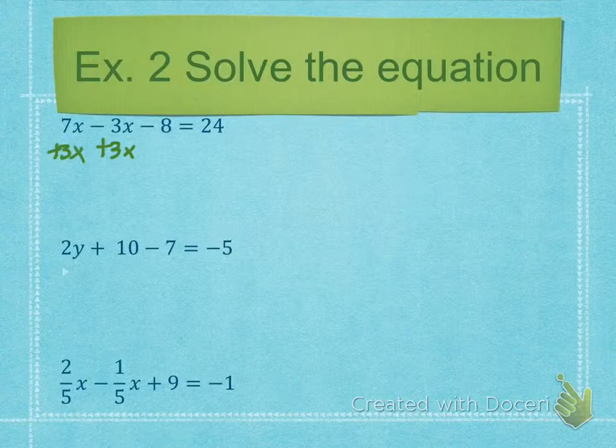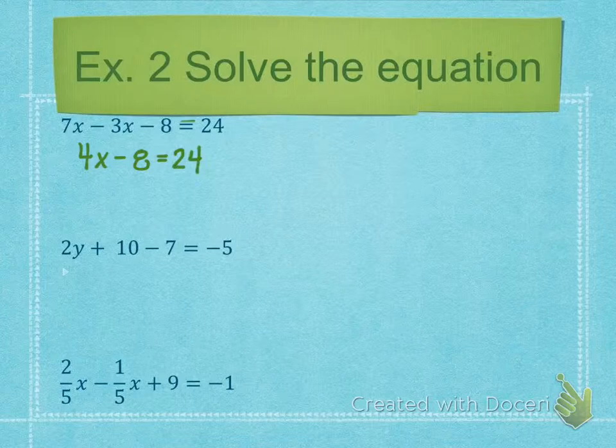Would I do that? No. The only time you use inverse operation is when you've got to move something from one side of the equation to the other. If it's already on the same side, you just do exactly what it's telling you to do. 7x minus 3x. So what's 7x minus 3x? 4x. Minus 8 is equal to 24.